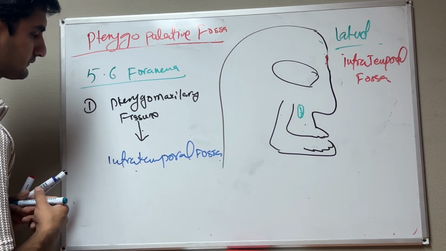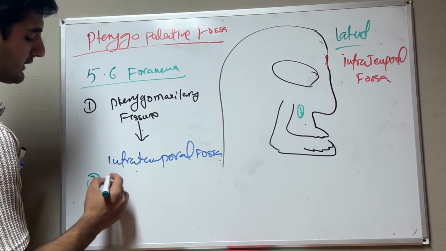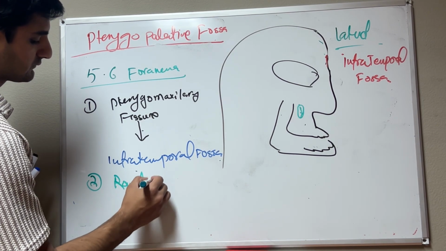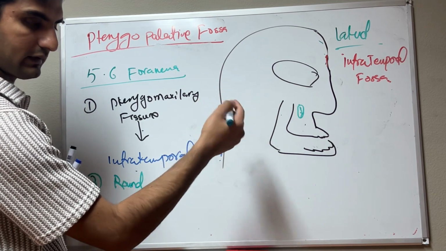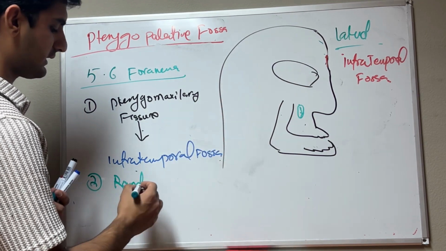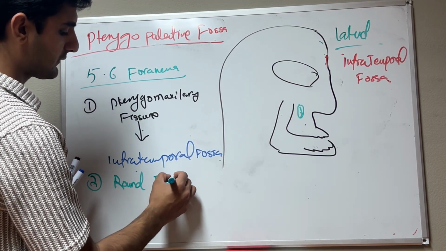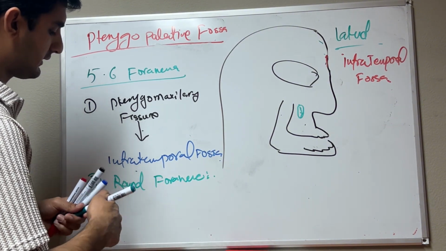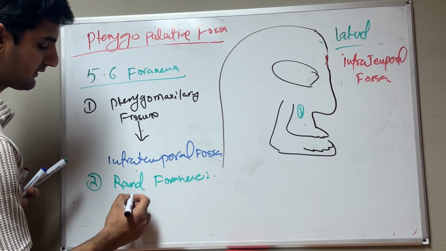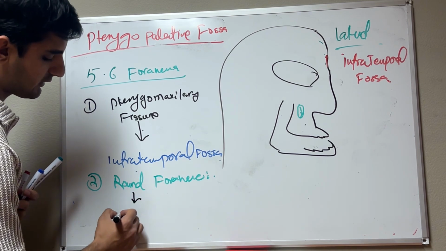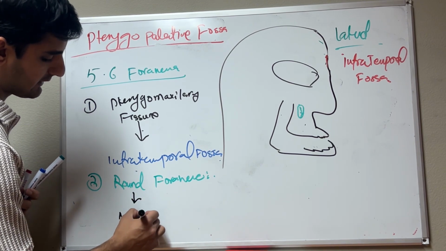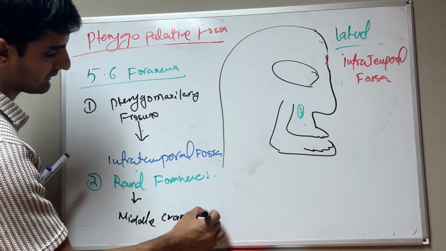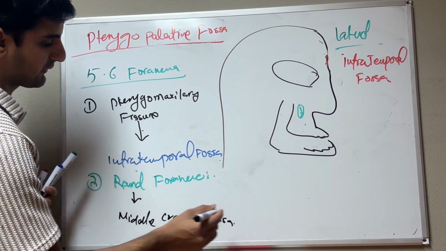Second, we have the foramen rotundum, the round foramen. This is only in the pterygopalatine fossa. This is a connection among the 5 to 6 foramina. The round foramen opens into the middle cranial fossa.